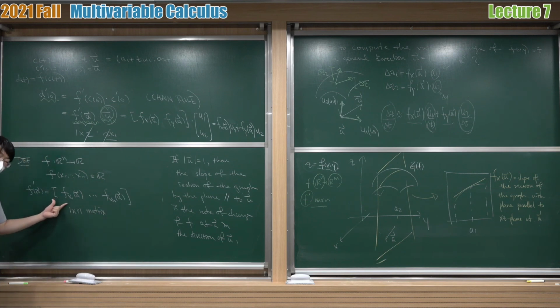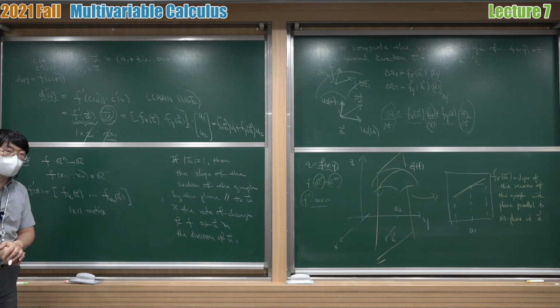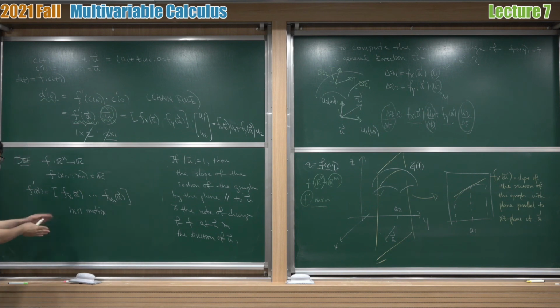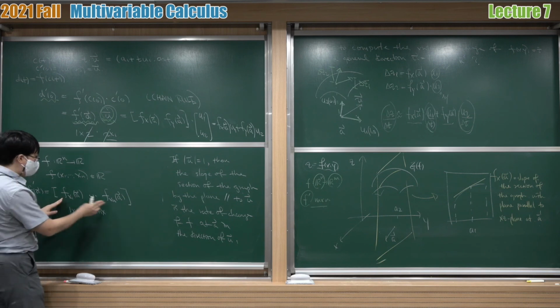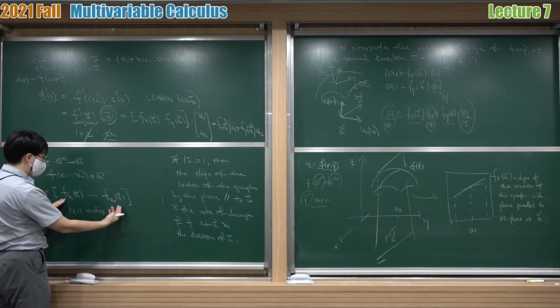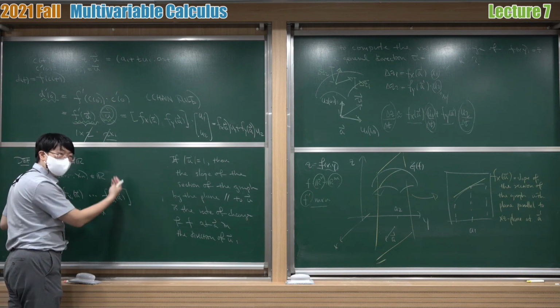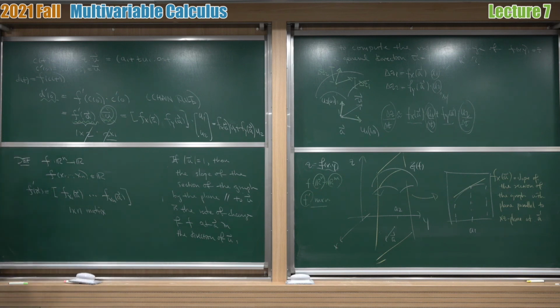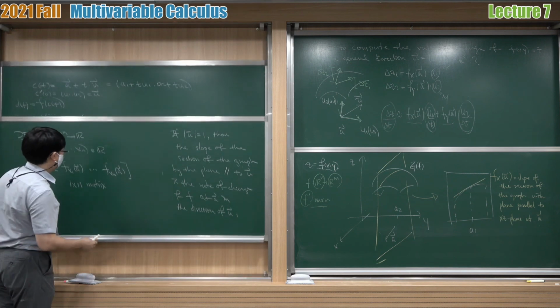So the matrix itself doesn't give you any information about the actual change of the function. You have to provide a direction in which the point moves from a, so that you can multiply the column matrix by this 1 by n matrix to compute the total rate of change.